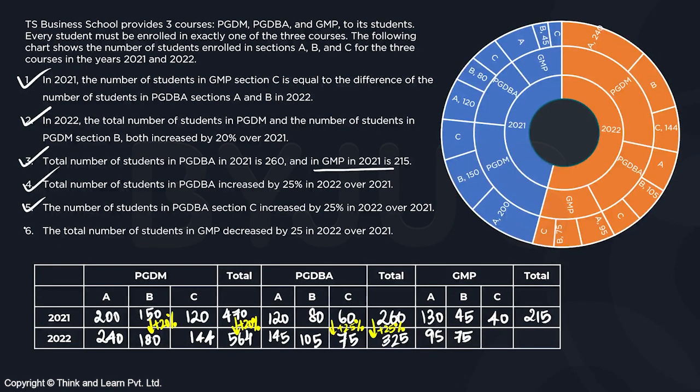Next, let's use the sixth statement. The number of students in GMP decreased by 25% in 2022 over 2021. So if we talk about the total number of students, this is a decrease of 25.